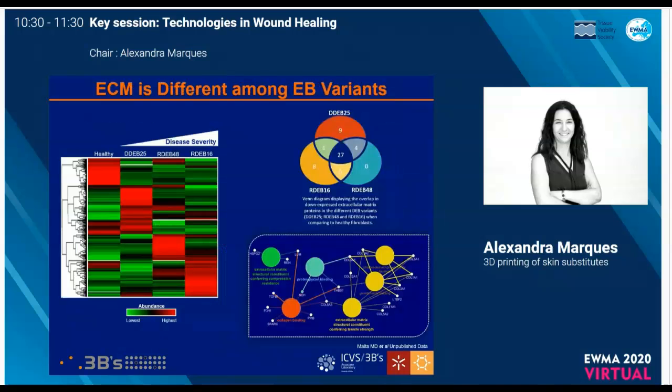So having this in mind, and in a different work, this is just to show you how important this is and how relevant it is for us to look at the extracellular matrix. We could see that, for example, this is for epidermolysis bullosa, and you can see from the analysis that we did the different variants of the disease.